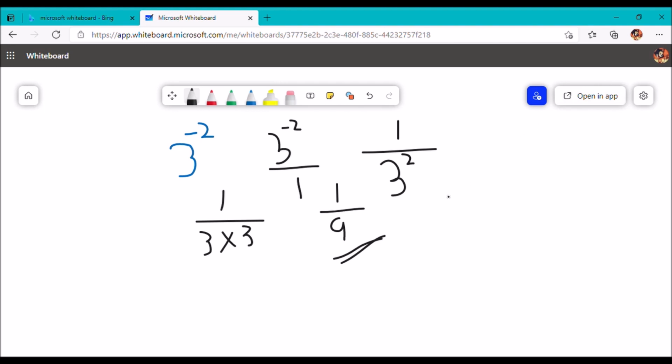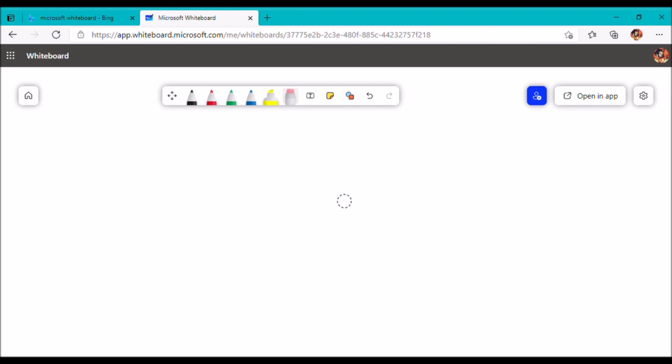So then let's do some questions from the negative indices. So let's take this question: 4.67 times 10 to the power minus 5. So first we must take this to the denominator.